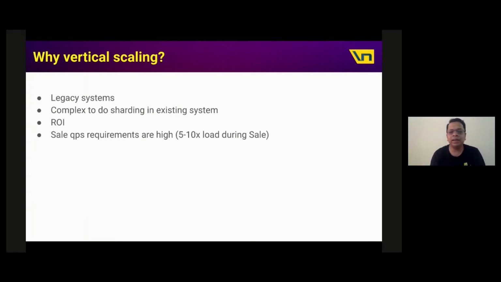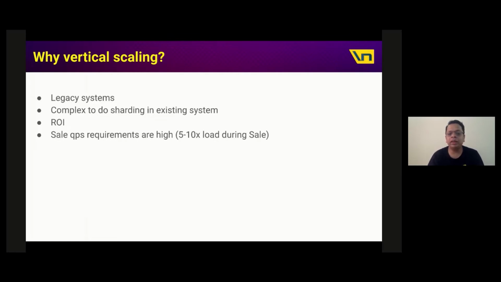So why vertical scaling? That is the next natural question that comes to our mind. Why are we talking about vertical scaling in this era, when everybody is talking about horizontal scaling? The use case where we had to do vertical scaling was because of the legacy systems which we have in Flipkart. These legacy systems are more than 7 or 8 years old, and they are monolithic applications, which we are already in the process of re-architecting, and hence they are in deprecation mode.